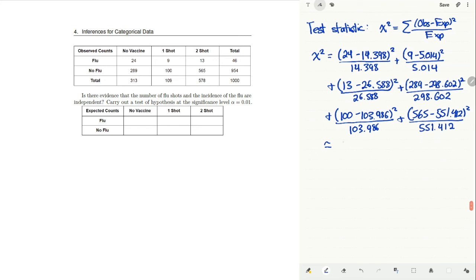And if you perform the calculation, we get 17.313, rounding to 3 decimals.